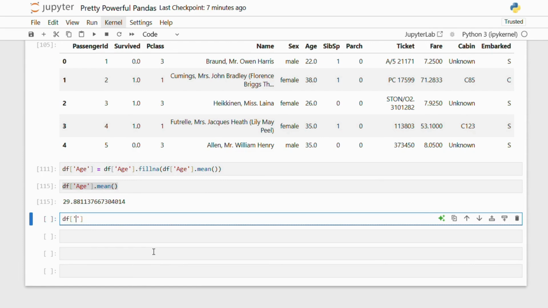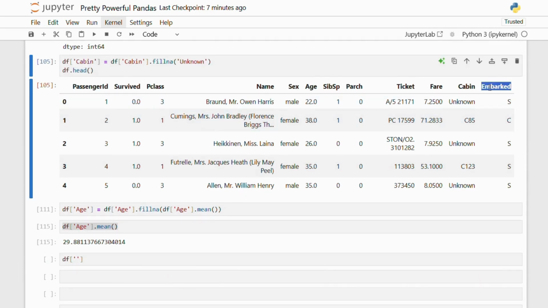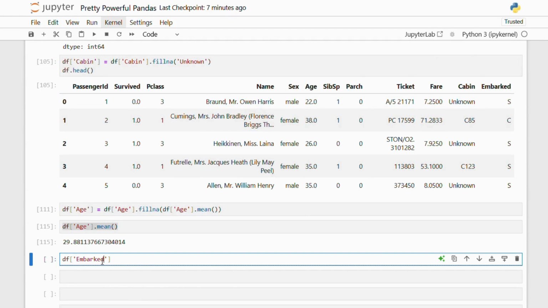So we're going to take a data frame of the embarked column. Again, we are reassigning. So we're going to take this and fillna. And this time we are going to fill it with a method. And this method is called forward fill, so ffill.